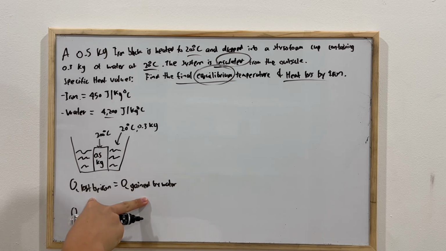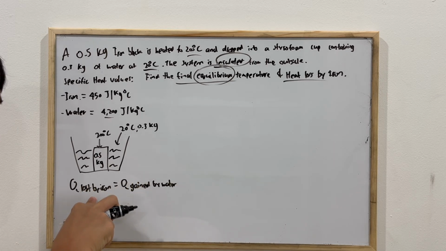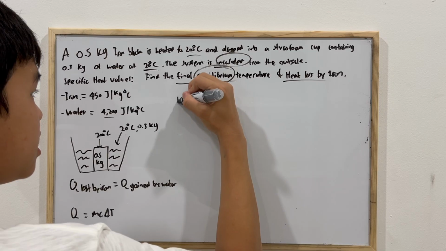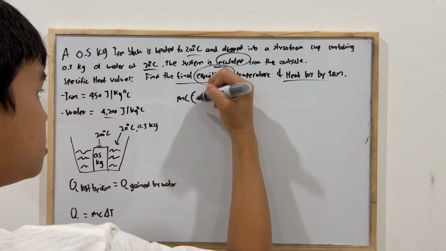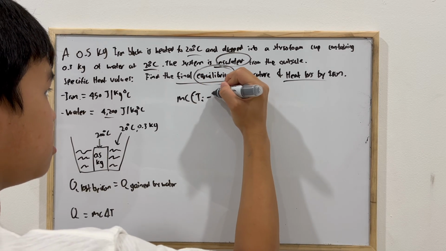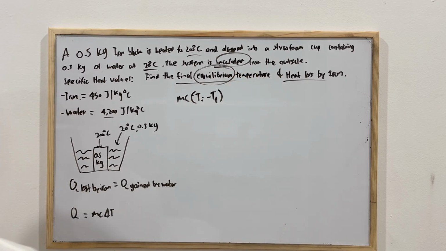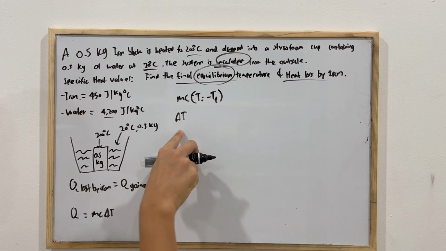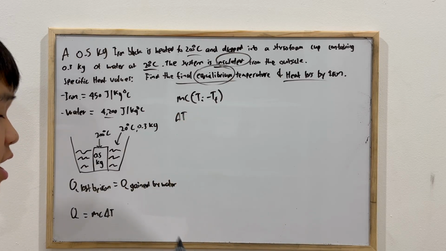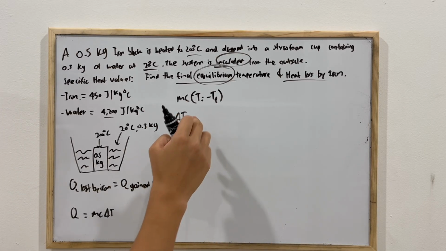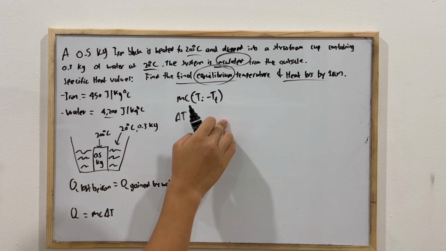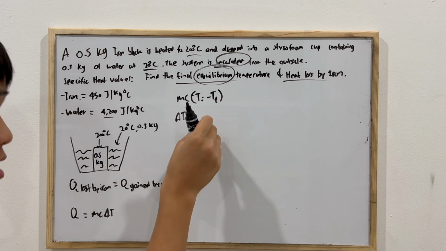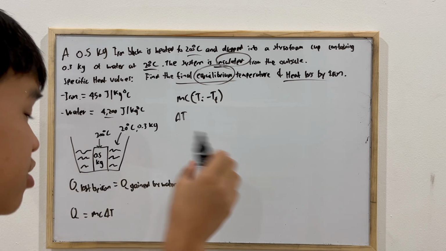If we were to write out this equation in math, the heat lost by iron is going to be mc times the initial temperature minus the final temperature. Normally when we're looking at change in things, like change in time, it's the final minus the initial, but in this case we're talking about heat, which is the amount of energy transfer.